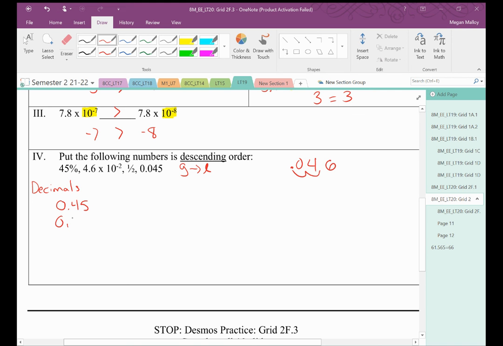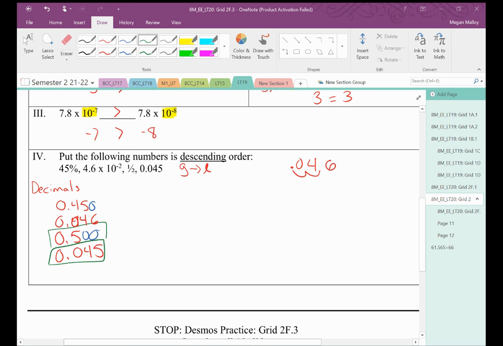And that would give me 0.046. 1/2 we know is 0.5, and then I have 0.045. I'm going to fill in some extra zeros here to help me compare, and I see that my smallest number is going to be here, and my greatest number is going to be right above that.